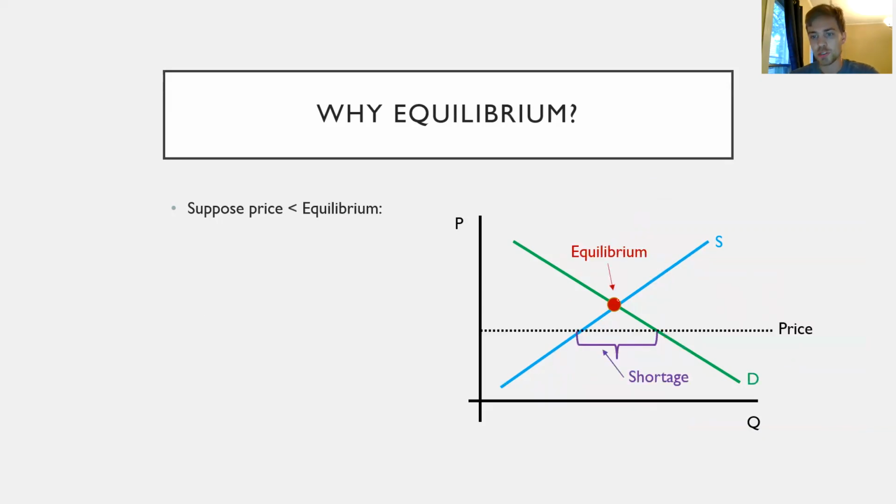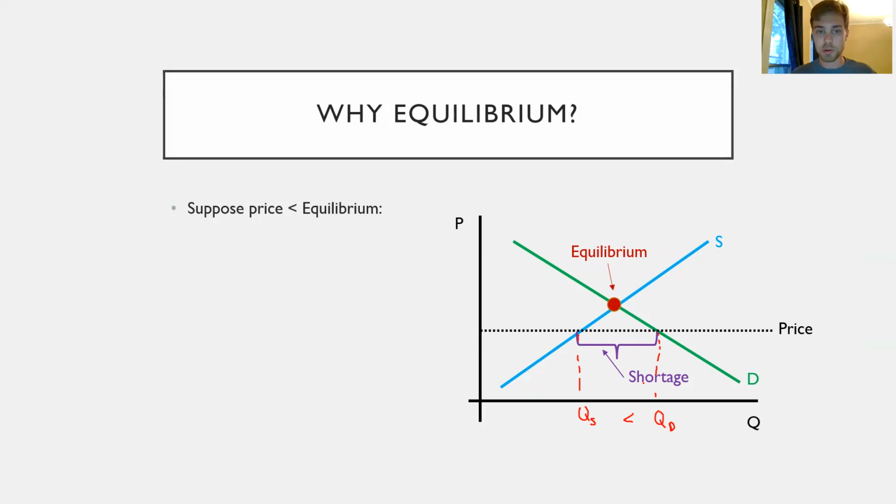And so you could think, okay, so what about a price that's set below equilibrium? Right, so we're going to have a similar situation. It's just going to be flipped a little bit. In this case, we're going to have quantity demanded, QD, greater than quantity supplied, QS. Right, and so more people want goods than goods are available.